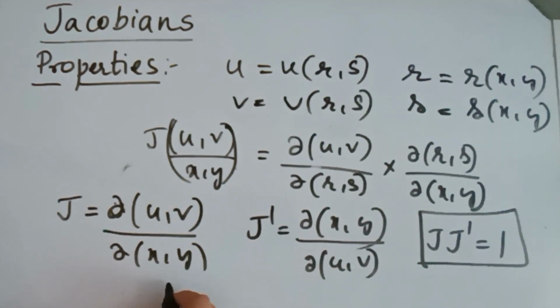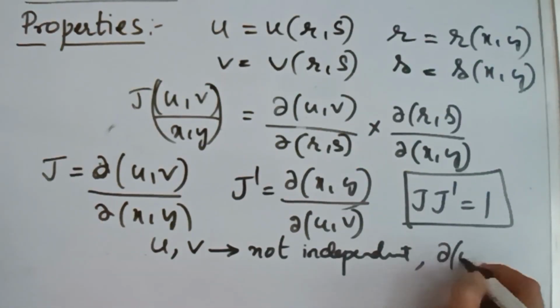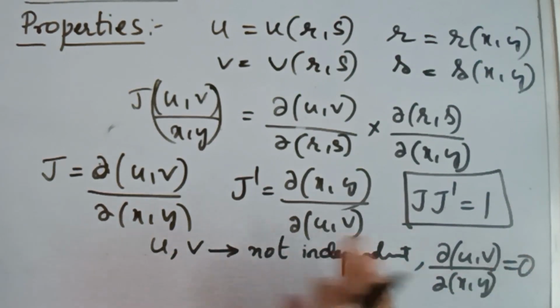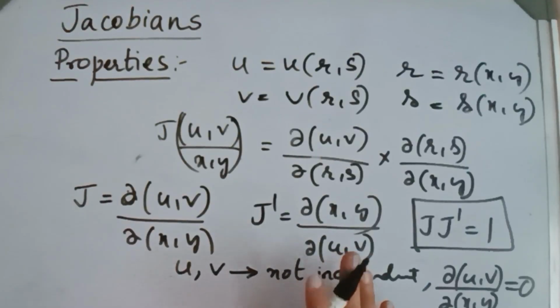And one more thing: if u and v are not independent functions, in that case the Jacobian is always equal to 0. So if you get the Jacobian of any two functions equal to 0, then those two functions are not independent. These are a few properties of Jacobians. Now let us solve a few problems.